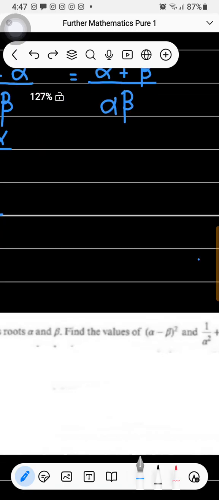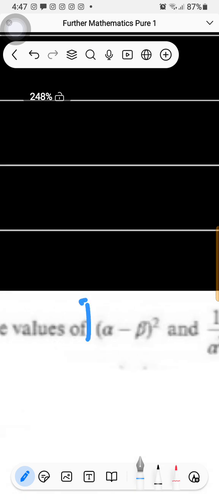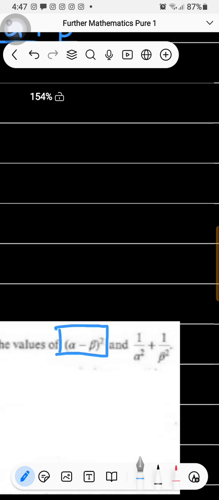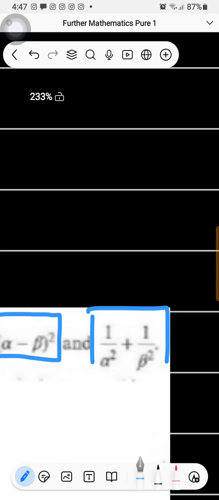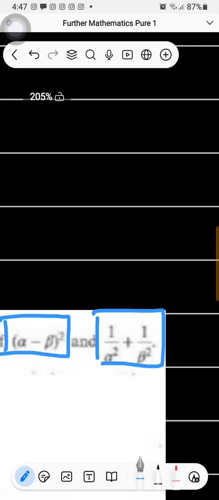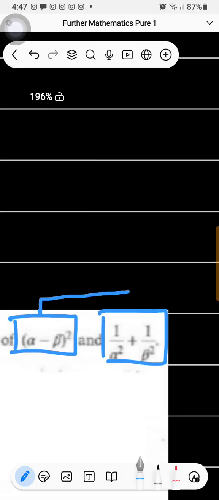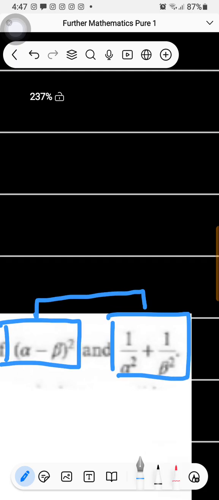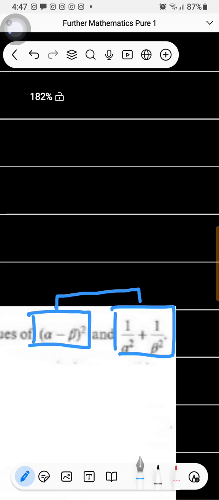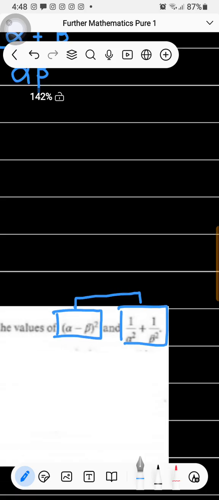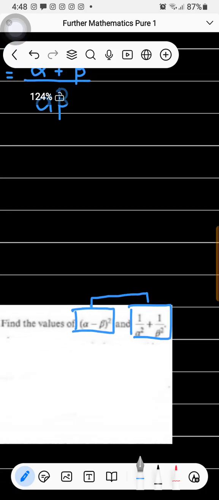Point to be noted, we didn't learn any formula for this, because these are rare questions that are not common. So something new can appear in the exam. We just need to use our basic algebra to derive the formula. Let me show what you will do if this question appears in the exam.